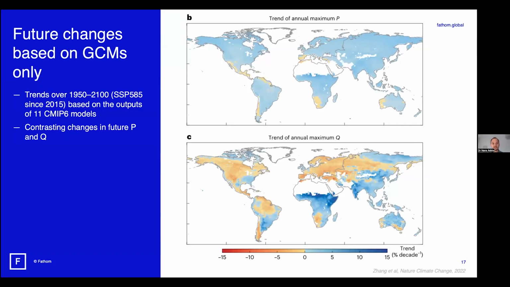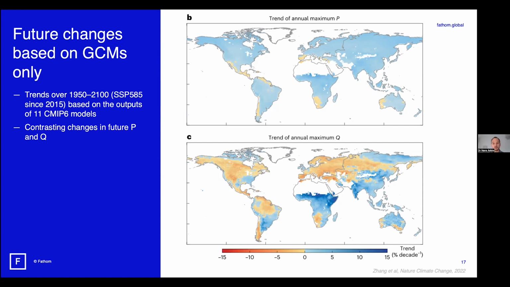So the first approach is simply to use GCM outputs directly. So here, for instance, trends over the period 1950 to 2100 are shown based on 11 models from the latest generation of models, CMIP6. And you see that there is a general increase in the annual maximum rainfall over the world.